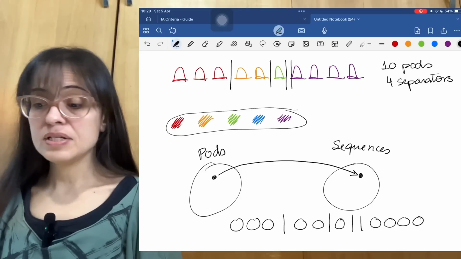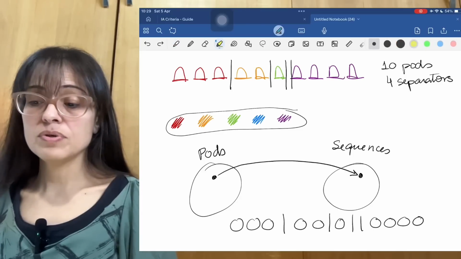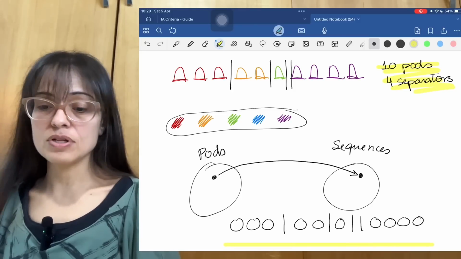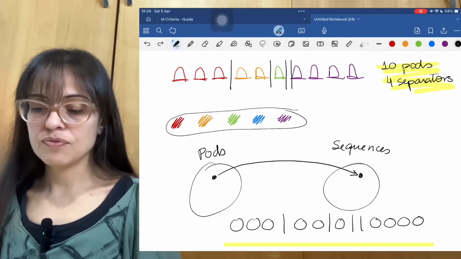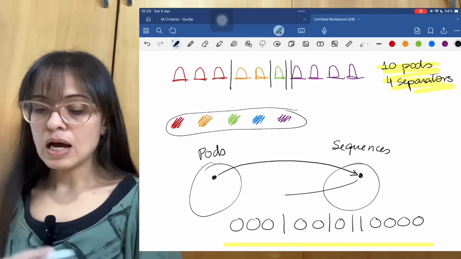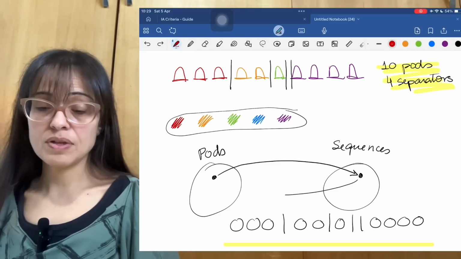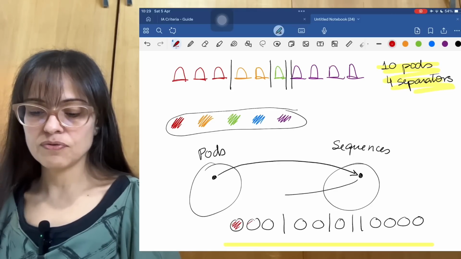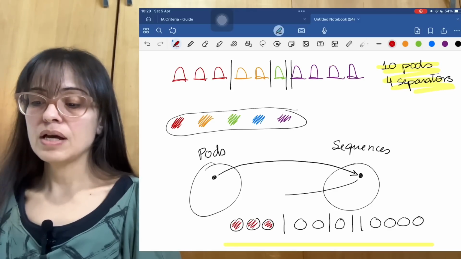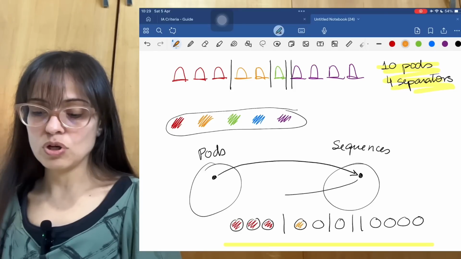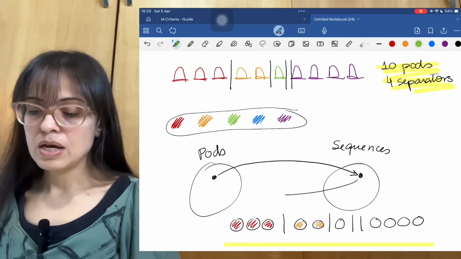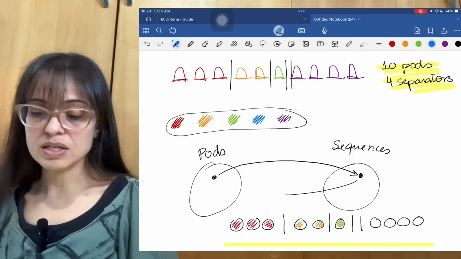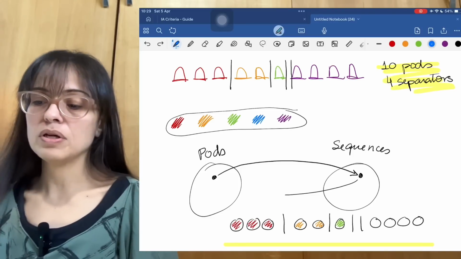On the other hand, if I receive a sequence first, a sequence that has 10 pods and 4 separators in some order, like this one, now I'm trying to do the reverse arrow, from a sequence to a set of pods. How am I going to do that? Well, I know that I said that the red ones would always come first, from the beginning of the sequence until finding the first separator. And then after the first separator, they are supposed to be orange until the other separator, and then green until the next separator. Now they're supposed to be blue after the next separator, but there's nobody there, so I'm not going to paint anybody blue.